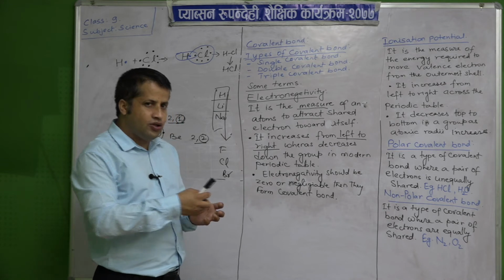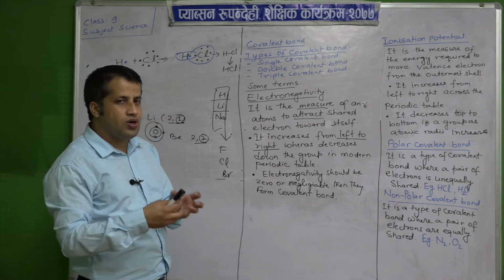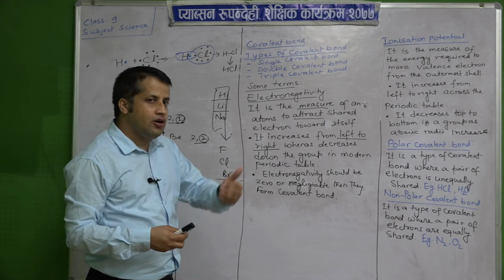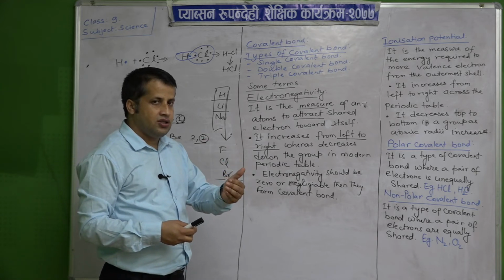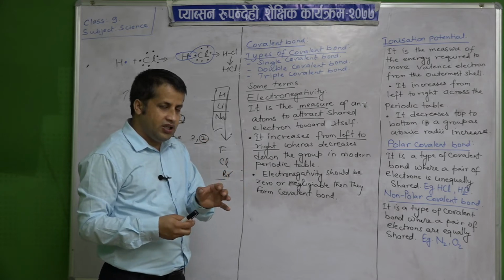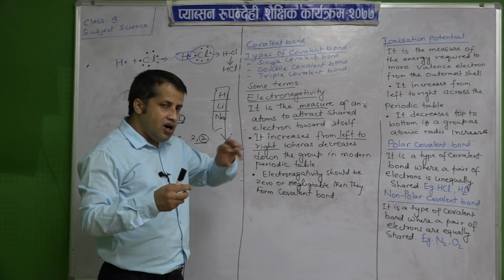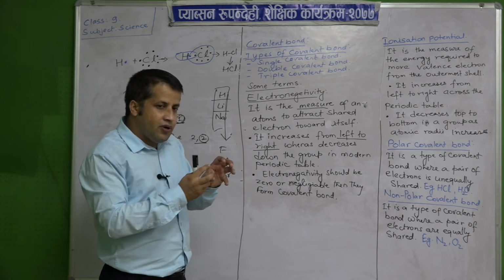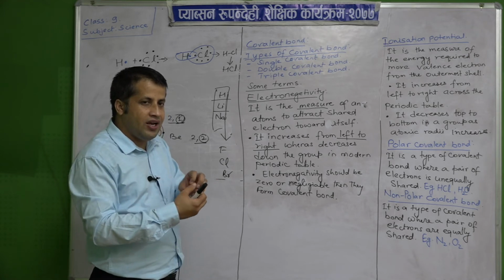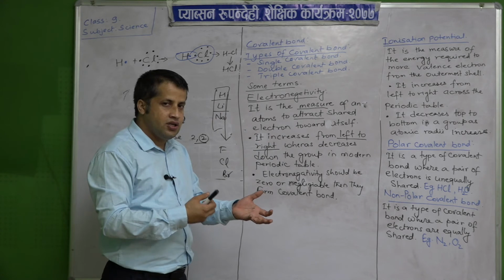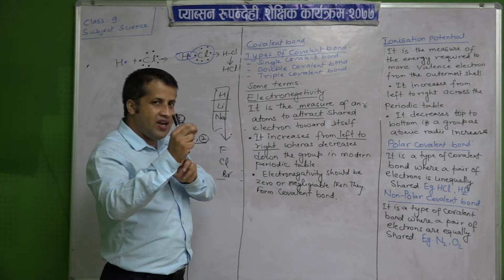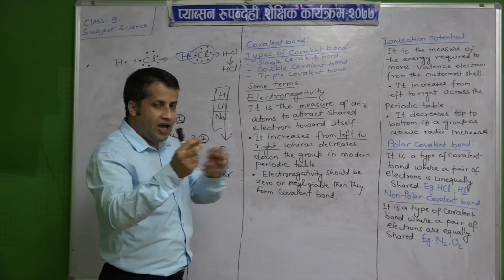So it tries to pull the electrons toward itself, hence it acquires a slight or partial negative charge. The other one, which is unable to hold the electrons as firmly, acquires a positive charge, and due to this two poles are created, one positive and one negative.